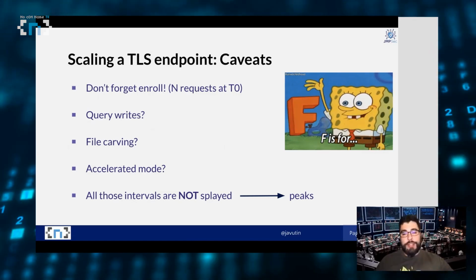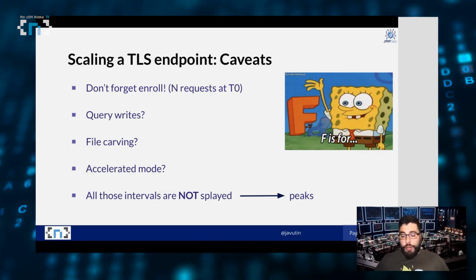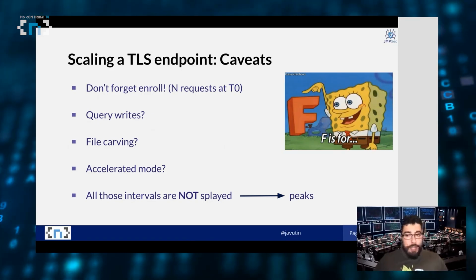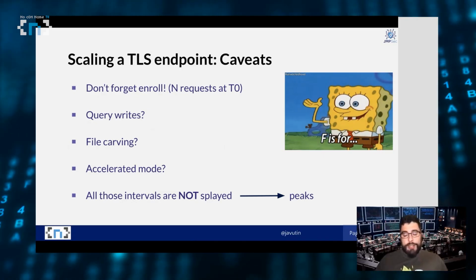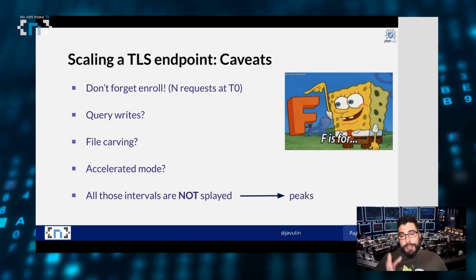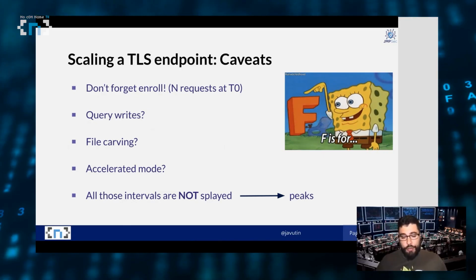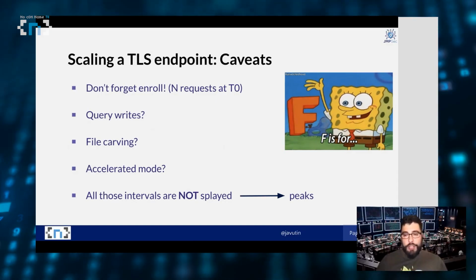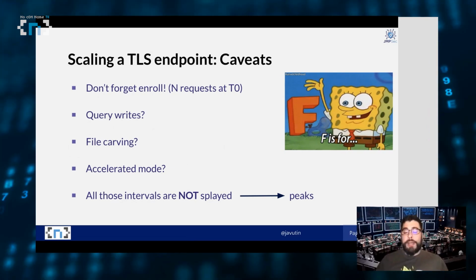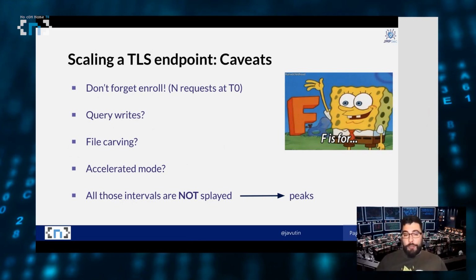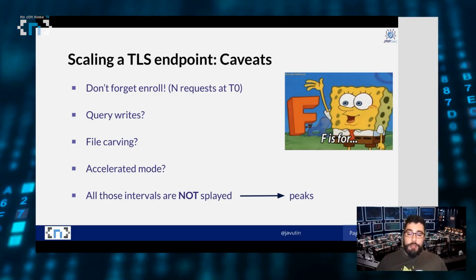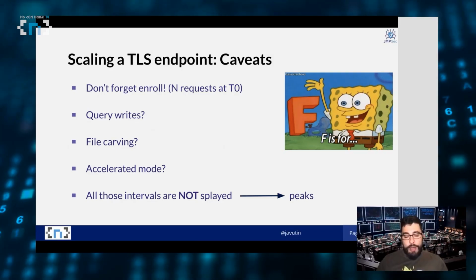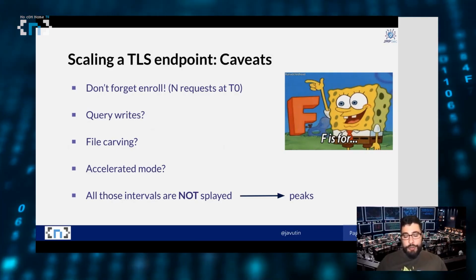If Chef uses the same timestamp to build all your infrastructure, and it runs at the same time because it's not sharded or it's not splayed, then you're going to have a specific moment when a number of your machines are going to be running all these requests at the same time. So you will have to take that into consideration for your infrastructure. But once you know about it, you can just build your tools around it. The problem is when you don't take this into consideration or you don't expect these problems, then you're definitely going to have some scalability issues and your infrastructure is going to suffer.